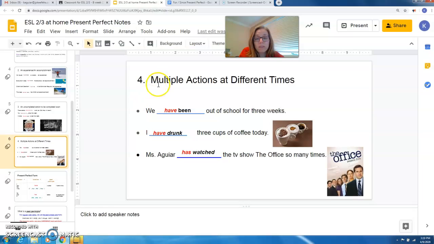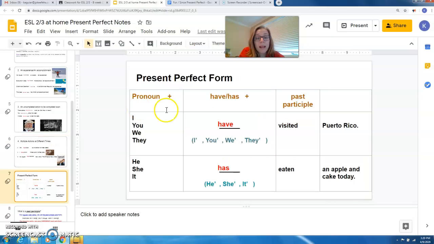And 4, for multiple actions at different times. And remember guys, we use have or has and the past participle. I have visited Puerto Rico. He has eaten an apple and cake today.